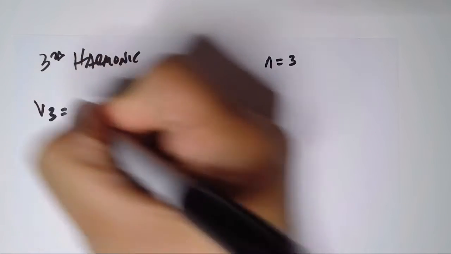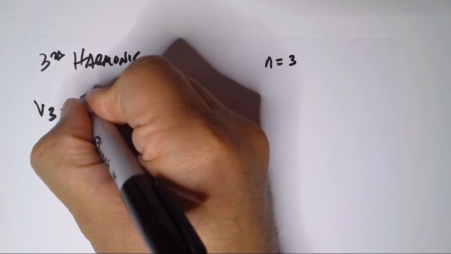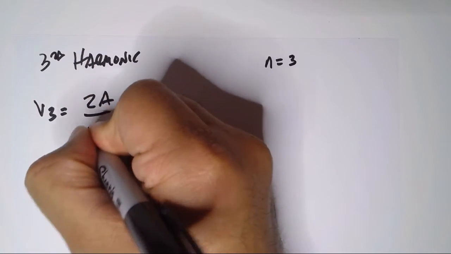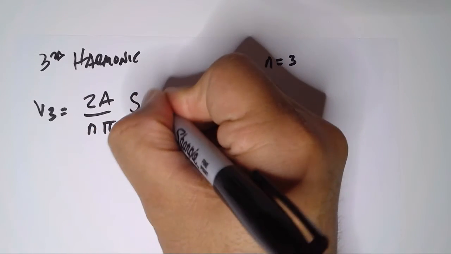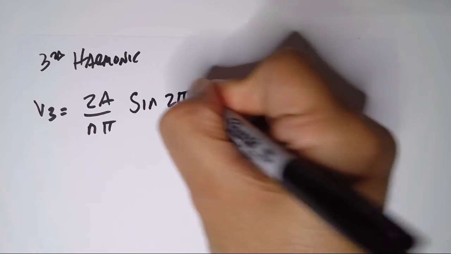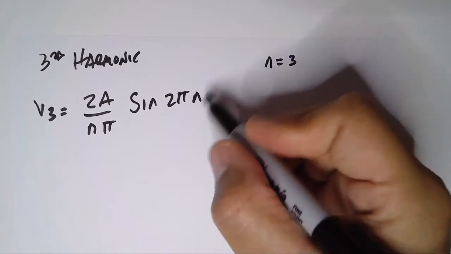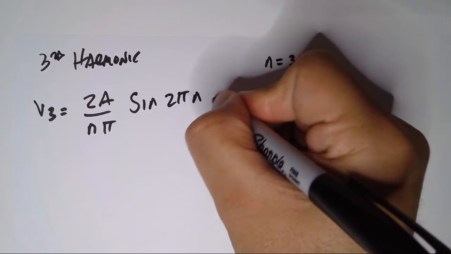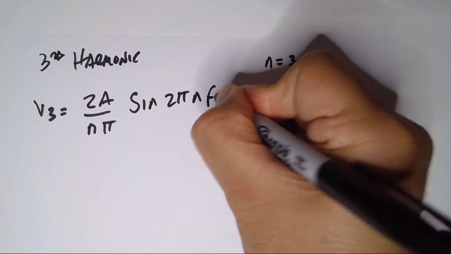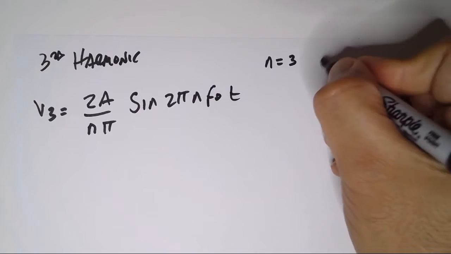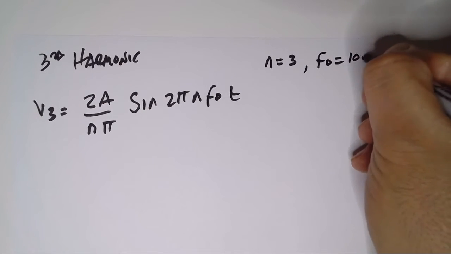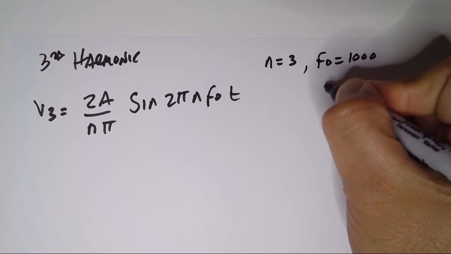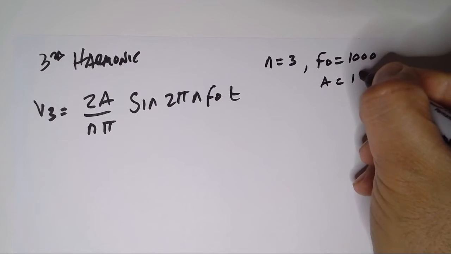It is 2 times the amplitude over n times pi, all that times sine 2 pi n, for the harmonic number, the fundamental frequency, and t. And we have here that the fundamental is equal to 1000 and the amplitude is equal to 12.